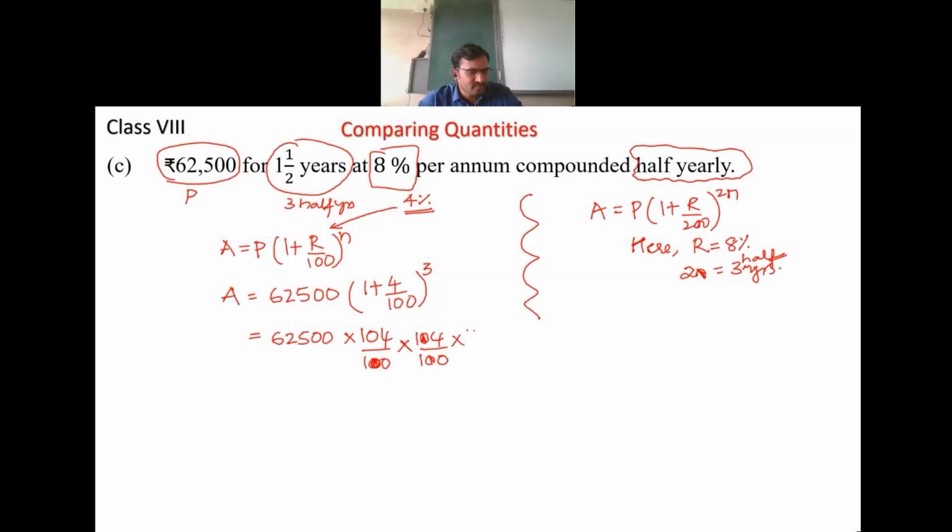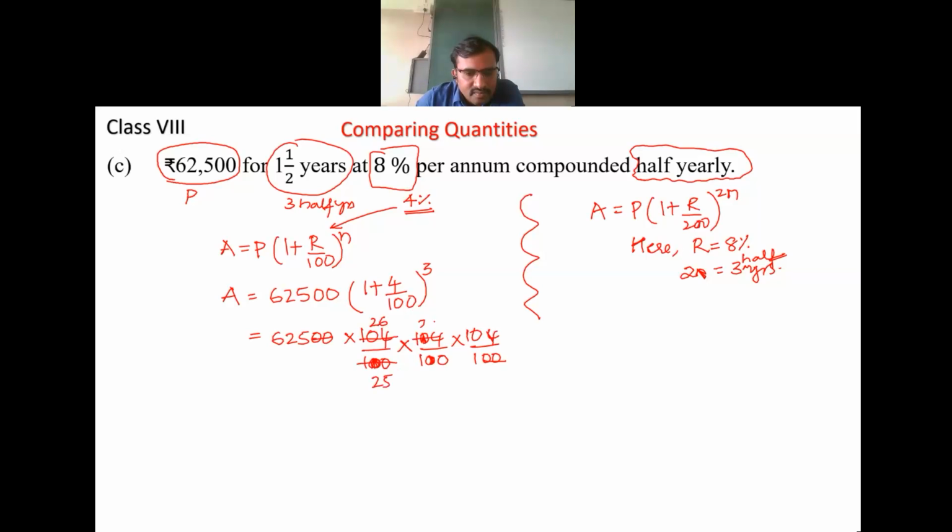The difficult thing is to simplify this. Two of the zeros get cancelled. Now 104 and this can be simplified. Is 104 divisible by 4? 26 times. This is 26, 25 times.